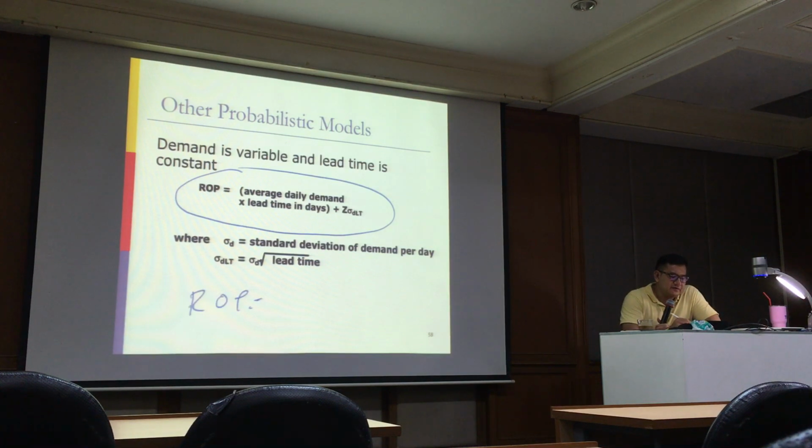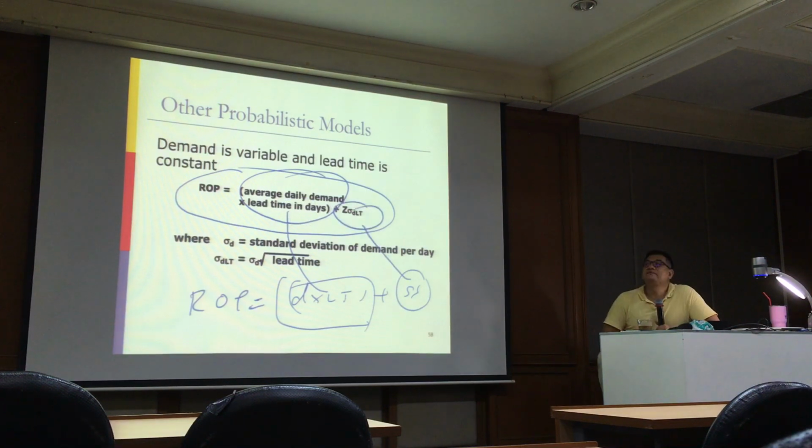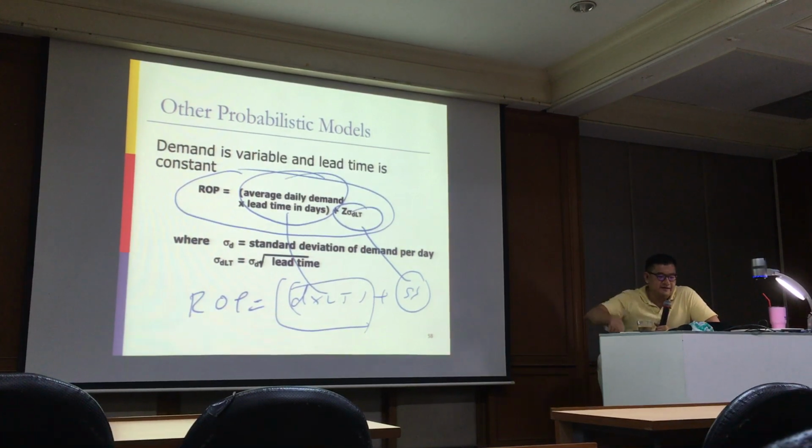Reorder point equals demand multiplied by lead time plus safety stock. Demand multiplied by lead time is this one, and safety stock is this term. If you have no idea about the demand during lead time, but you know the demand varies, you can use demand multiplied by lead time.